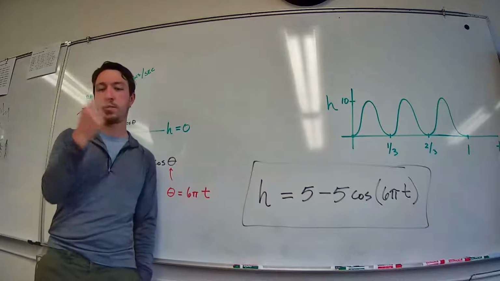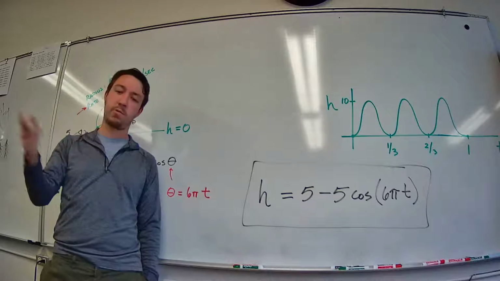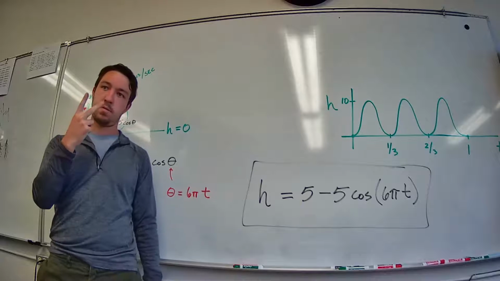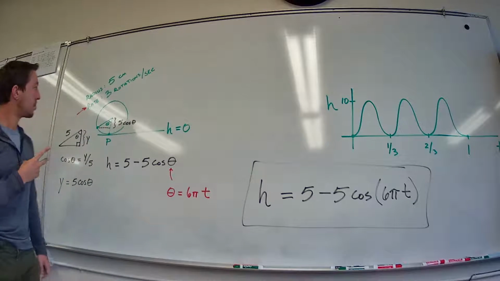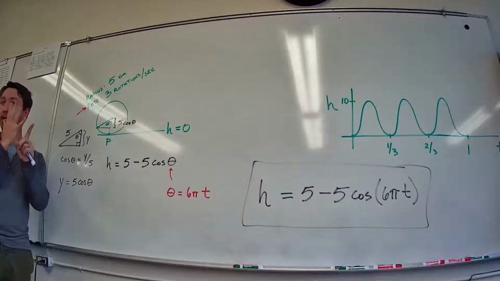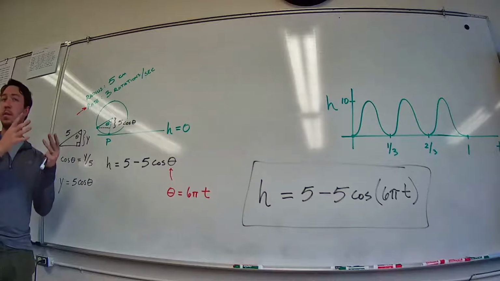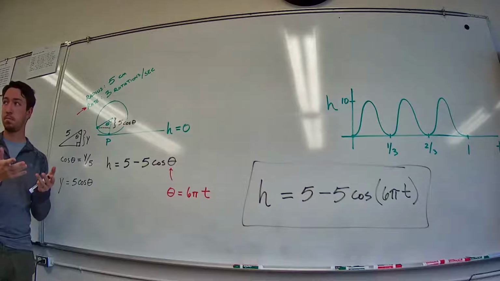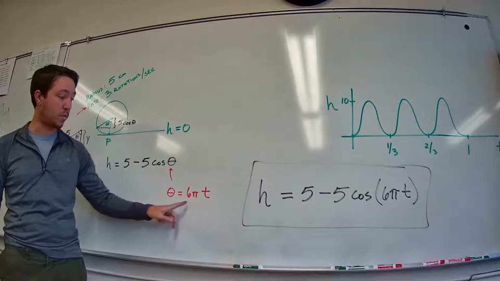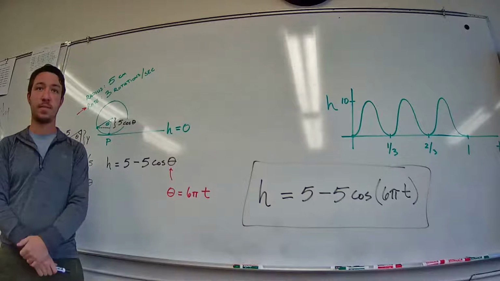Another example is, let's say when t was 2. How many spins will this thing have made after 2 seconds? It'd be 6 rotations. I think you're thinking of 6 rotations is 12 pi radians. Right? So that's what you have here. If you plugged in 2 for time, you'd have 12 pi radians.